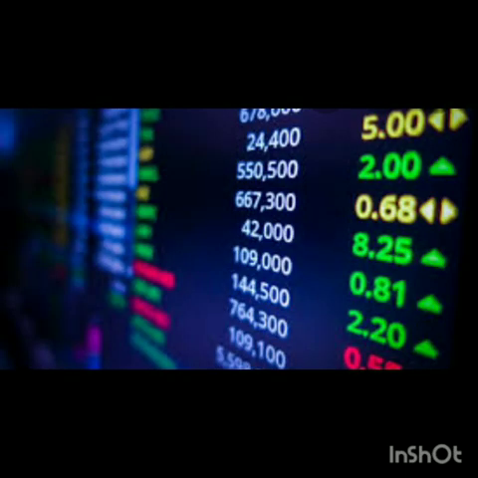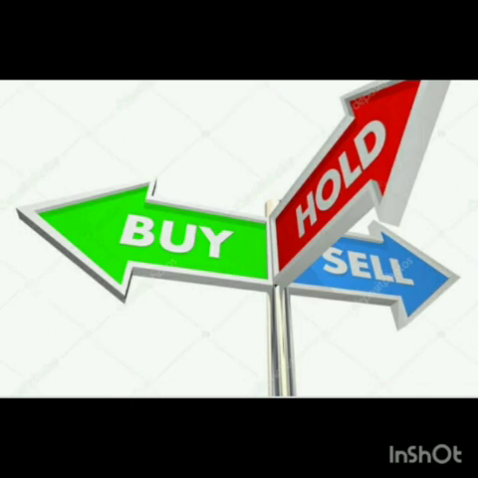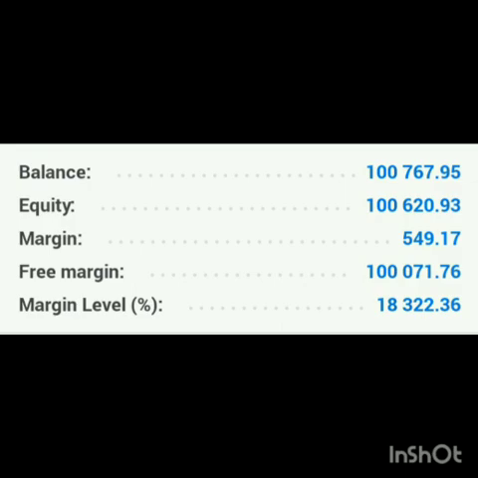And what is equity? Equity is that if some of your trades are holding and they are having a loss, equity tells you exactly what balance you truly have. If you take all these losses, the total money which is left is what shows in equity.